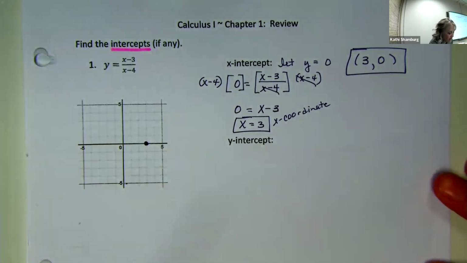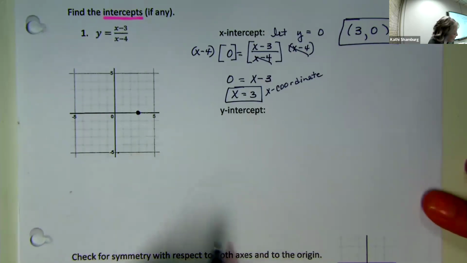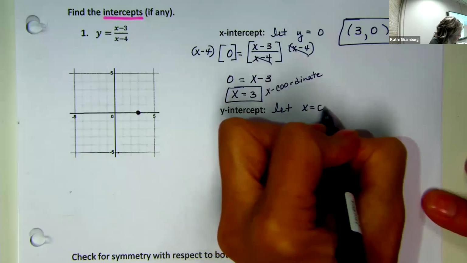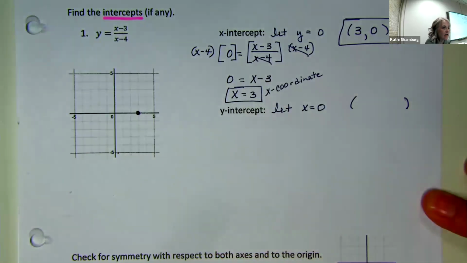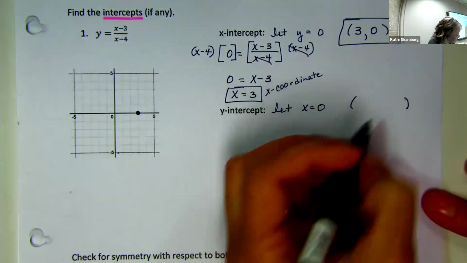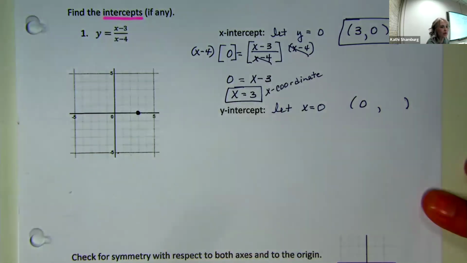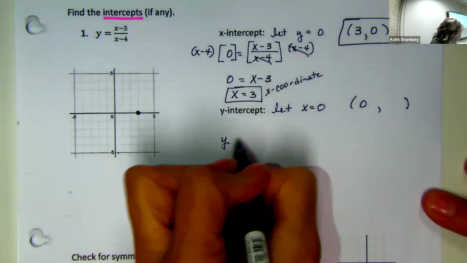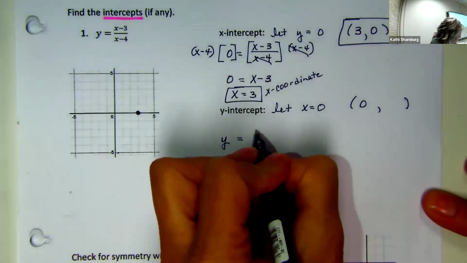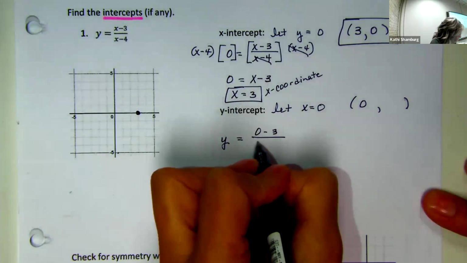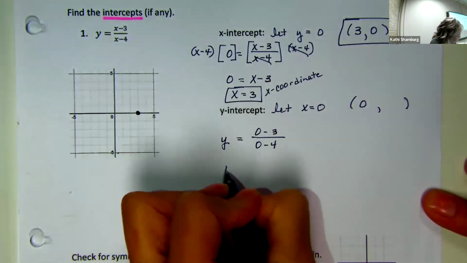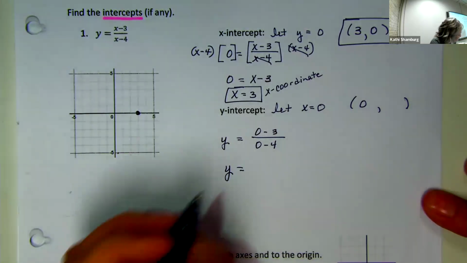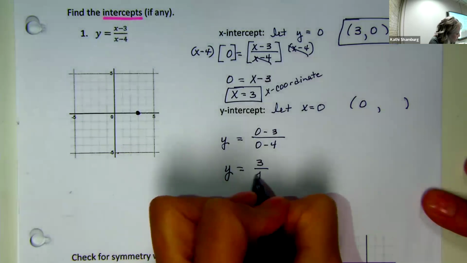All right, for the y-intercept, now we're going to let x equal 0, because we know the y-intercept is where it crosses the y-axis, so the x-coordinate will be 0. I'm going to take that equation and everywhere there's an x, I'm going to put in 0. Of course you're going to get y equals -3 over -4, which is 3/4.